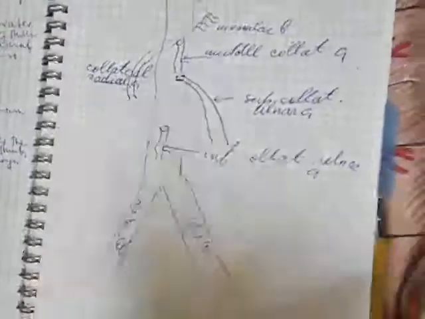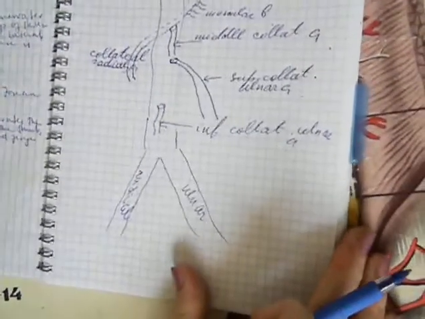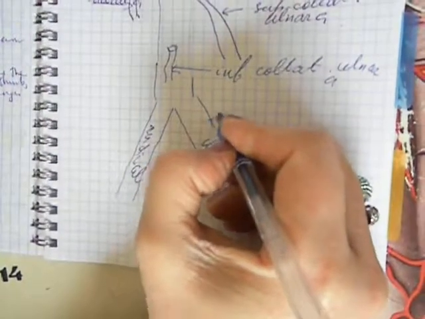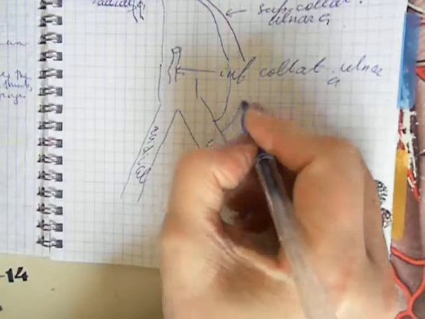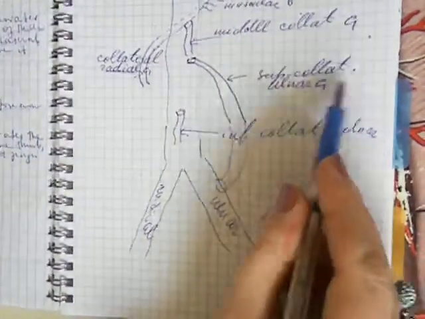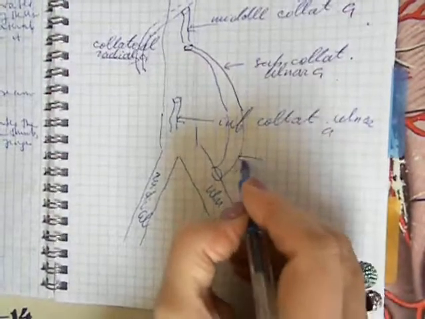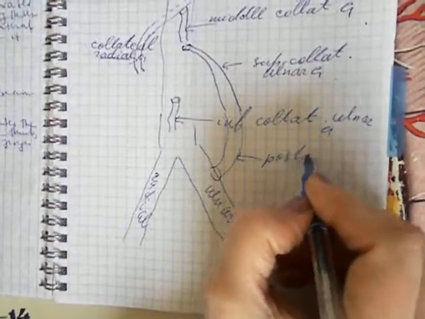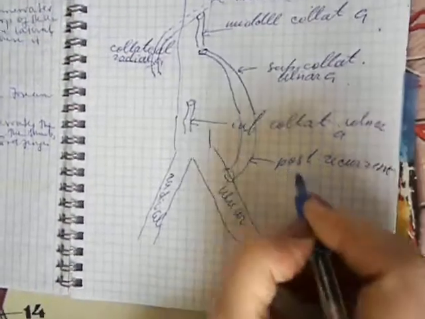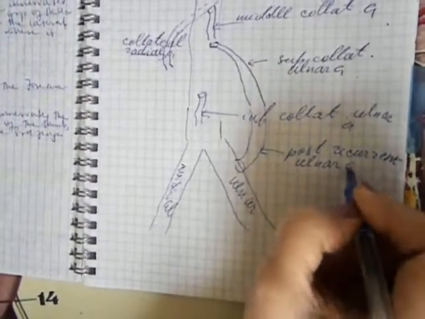Next, branches of the ulnar artery. Ulnar artery near the elbow joint gives posterior recurrent ulnar artery, and you see it anastomoses with superior collateral ulnar artery.